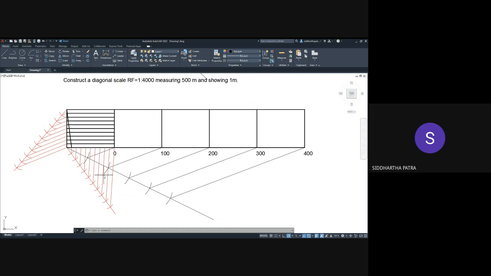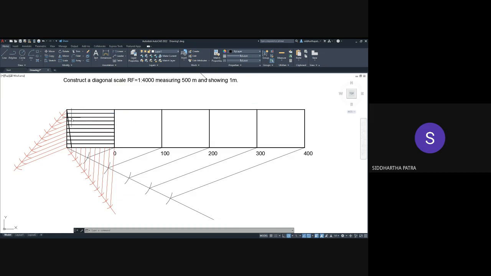At the base it is making an intercept of 10 meters. At this vertex it is making an intercept of 0 meters. When it is at the first horizontal line, it is making an intercept of 1 meter, 2 meters, 3 meters, 4 meters, 5 meters, etc.